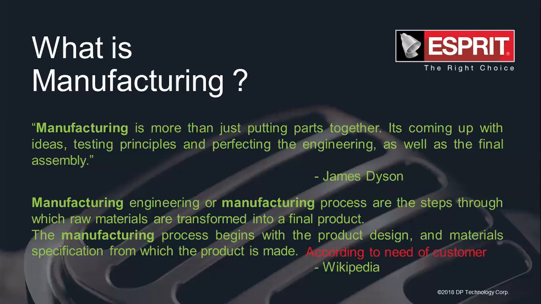As per the needs of customers, a manufacturing process definition has been given. And one good definition is given by James Dyson also, that is manufacturing is more than just putting together. It's coming up with ideas, testing principles, and perfecting the engineering as well as the final assembly.